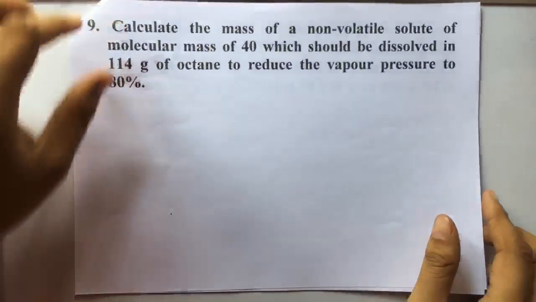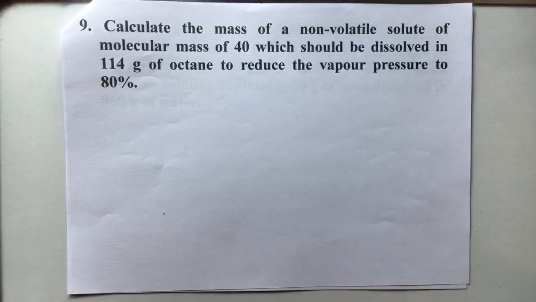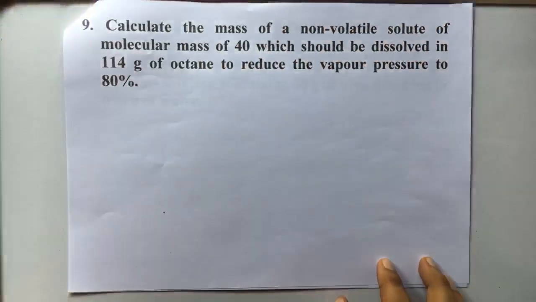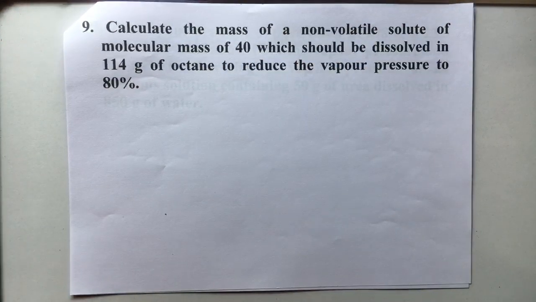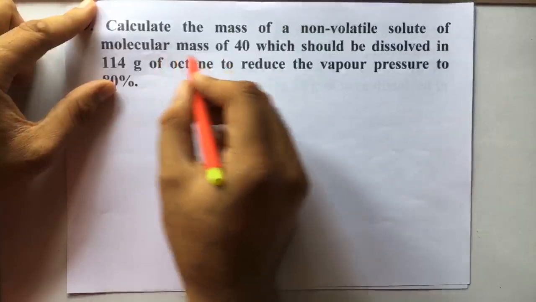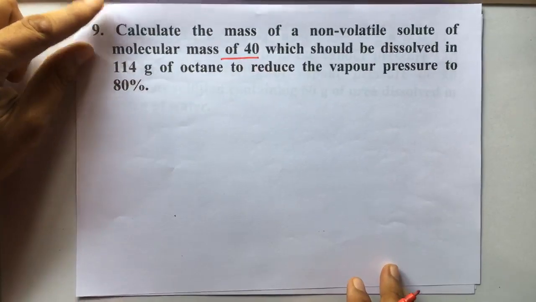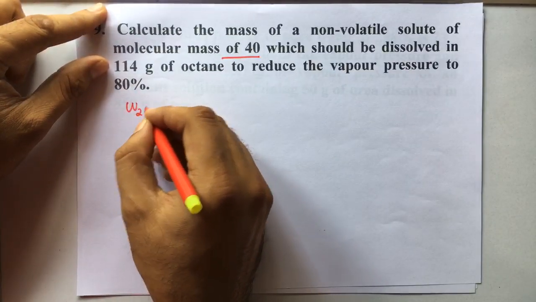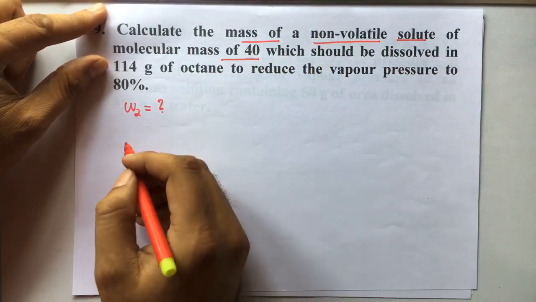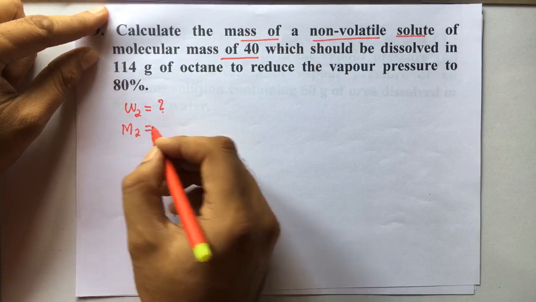You don't have to write the question, it is given in your study material, on page number 87, problem number 9. Read the question. Calculate the mass of a non-volatile solute, W2, whose molar mass is given as 40 gram per mole.